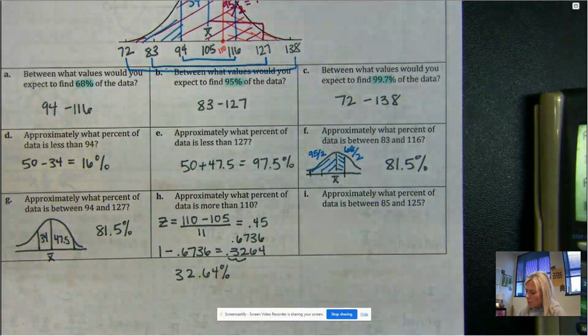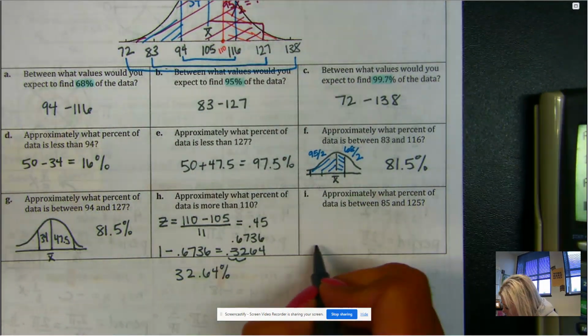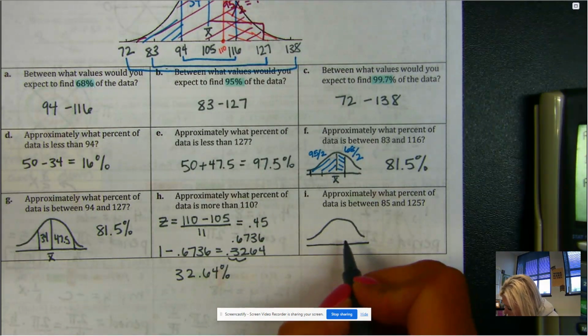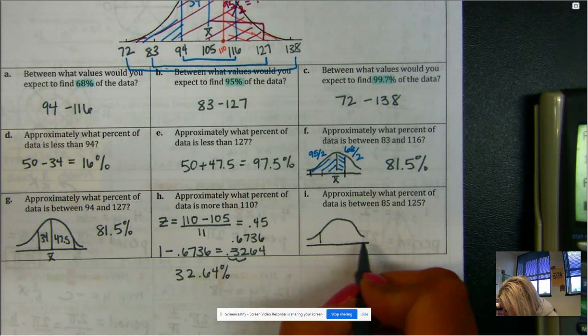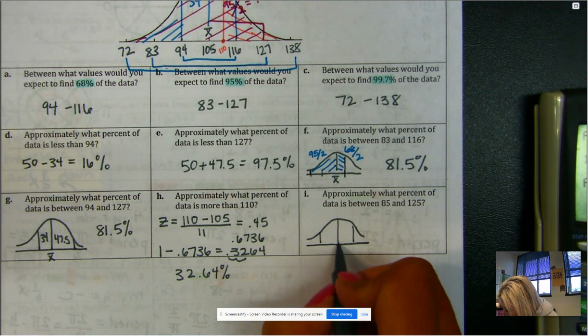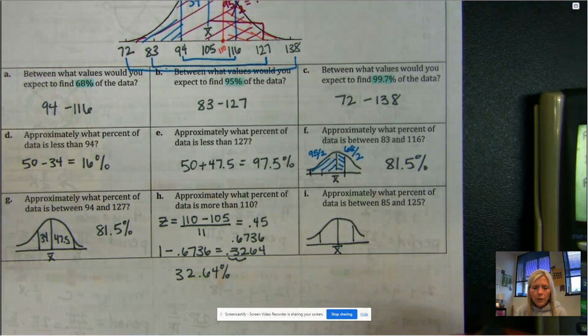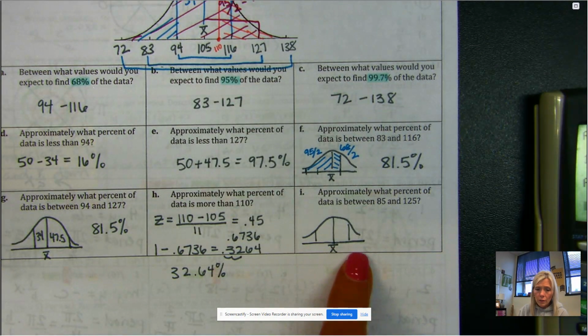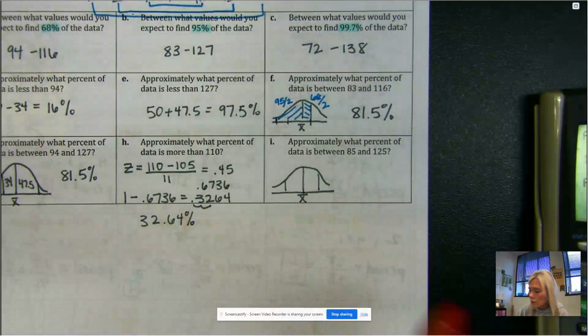We have to figure out what's between them. So I'm going to draw one more little curve to say, okay, 85 is somewhere down there, 125 is somewhere up here, our mean's here in the middle. And so we have to figure out the standard deviation for each of those. And that's what a z-score is.